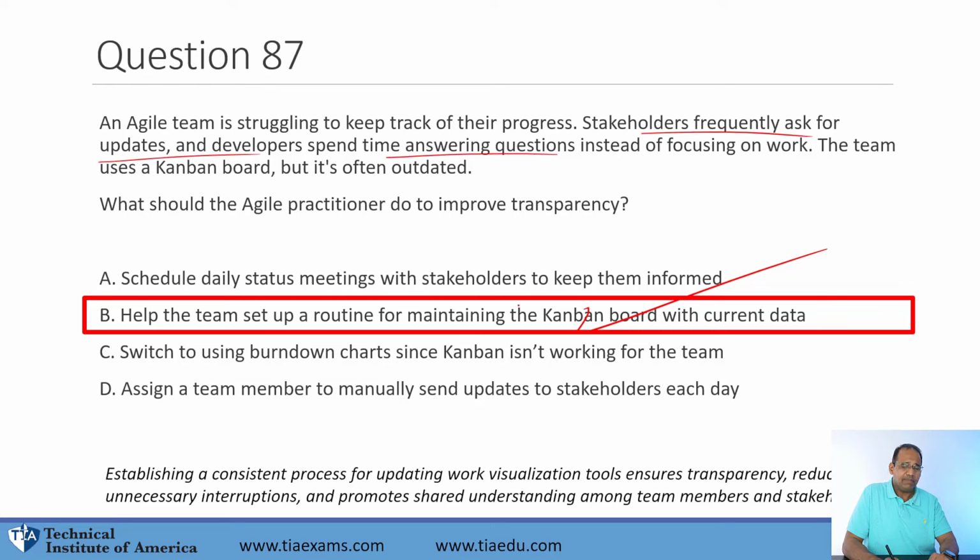If we have a Kanban board that's updated, anybody can look at it any time, not just once a day, but 10 times a day if they want, to see what's getting done, what's not getting done, because the Kanban will tell you what's in progress, what's not. Burn-up and burn-down charts, although those are good, still need to be maintained. Assigning a team member to manually send updates each day can burden the team with more work. Making B the best answer.